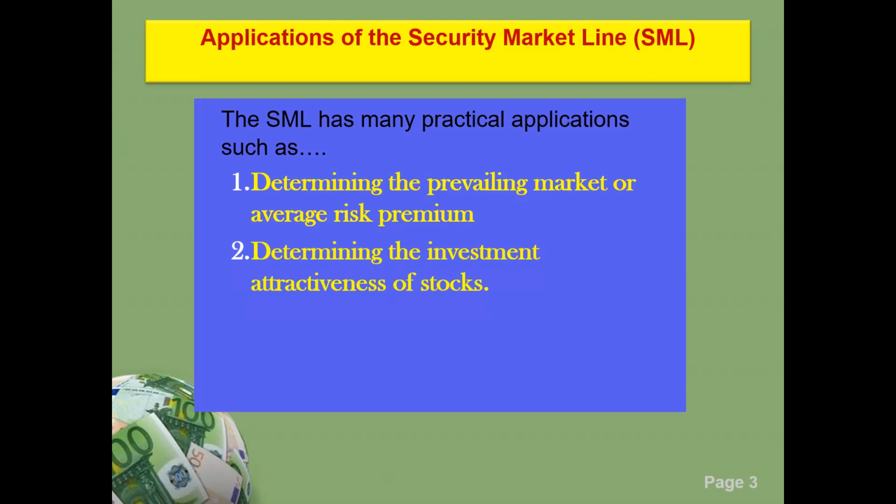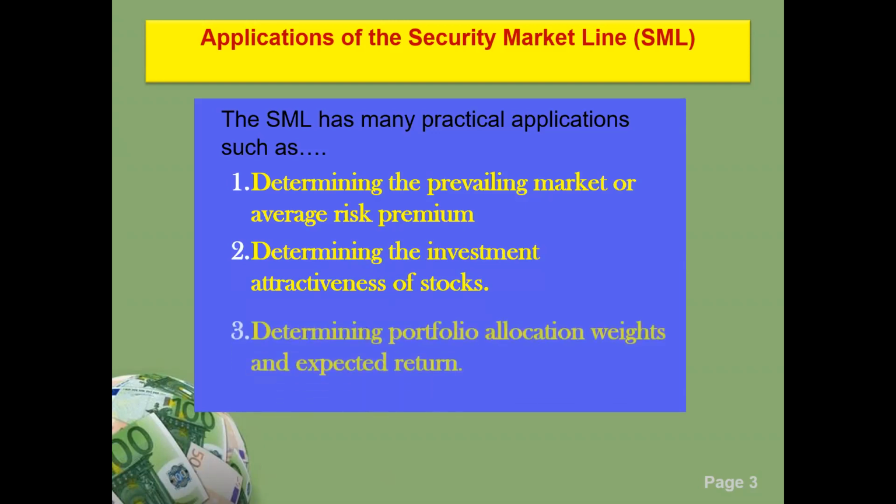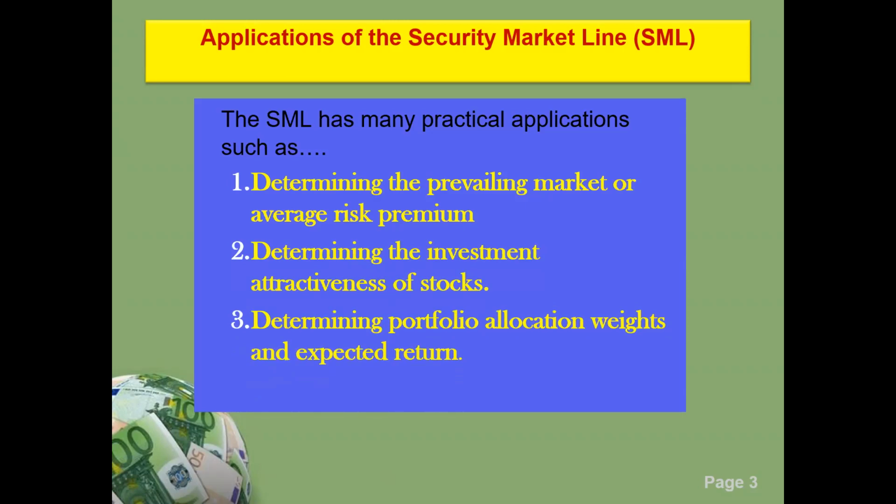It also helps us determine the portfolio allocation weights: in what stock, and how much, we should invest. All this information is useful when we talk about the applications of the capital asset pricing model.